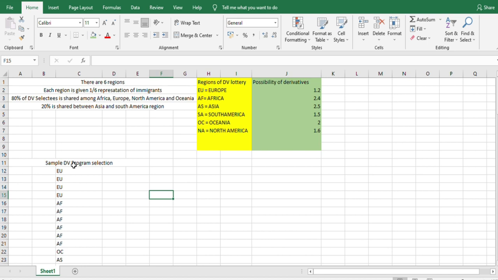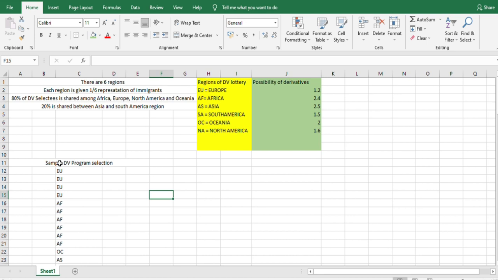After the application period is closed, every applicant's entry will be given randomly by a computer numbers from 1 up to whatever number of the applicants.